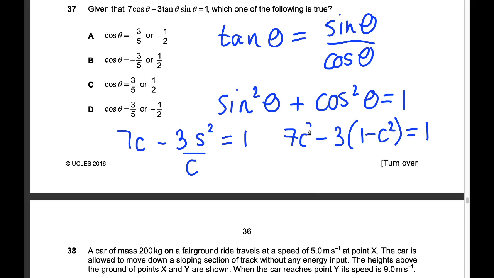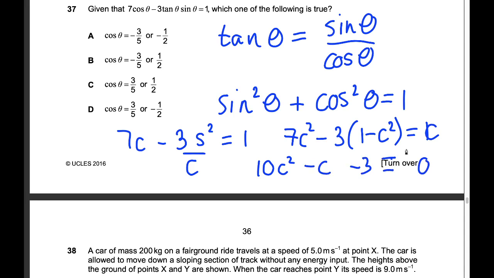So I'm going to times this by C, and I'm going to make this 1 on the side of C. Okay, so now I have 7C squared. I'm going to add another 3C squared from expansion of my bracket there. So I'm going to end up with a 10C squared minus 3 minus C equals 0. Okay, equals 0.